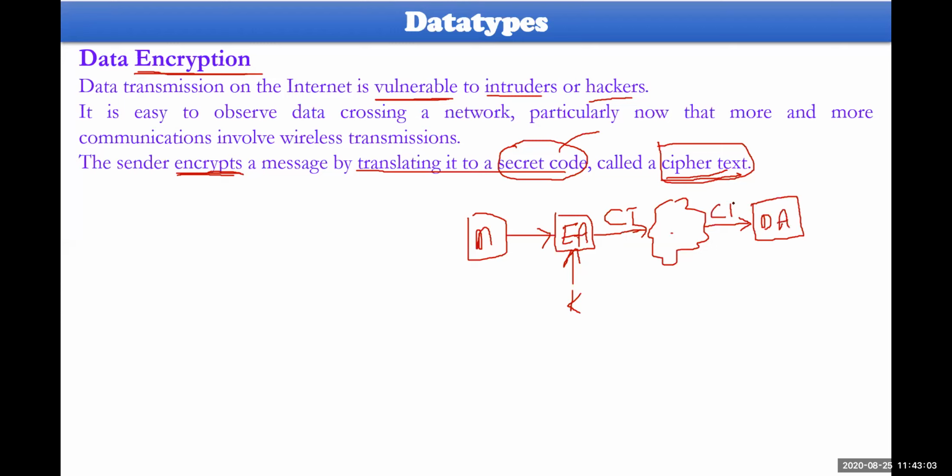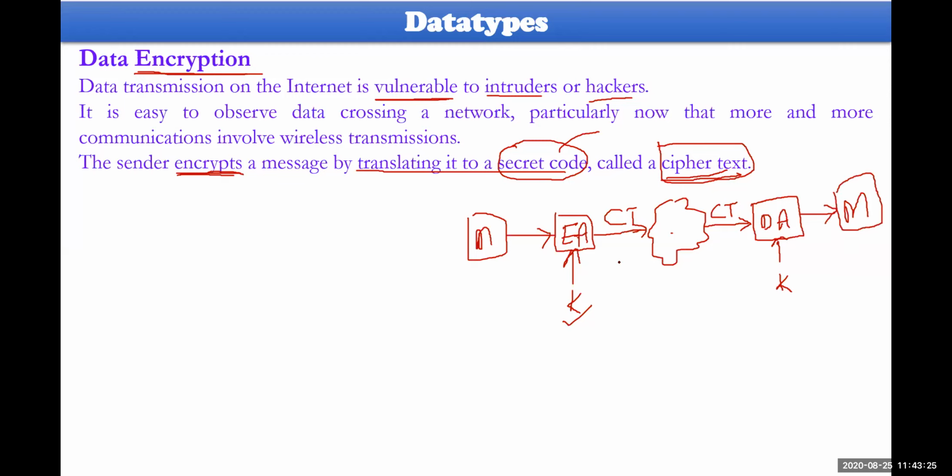One is the cipher text, and the second one is the key that was used. So the same key must be used here also. If you do not use the same key at this level, then you will get some other data. Otherwise you could get the message back. What he actually wants to communicate, that message will be recovered by you.